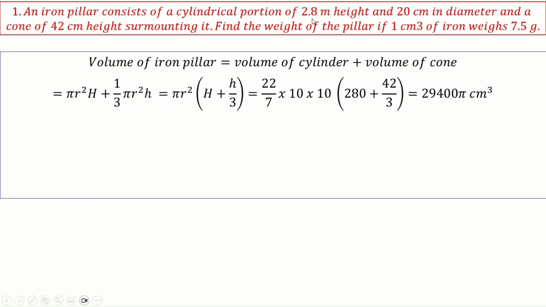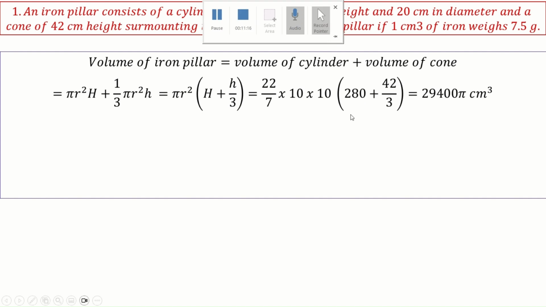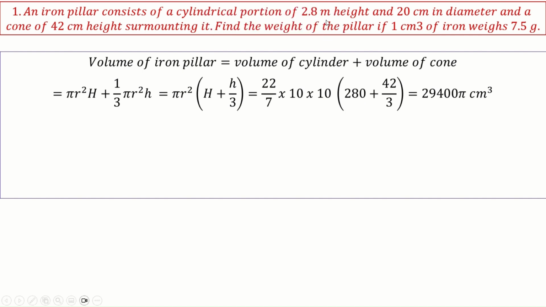So 2.8 meters is nothing but 280 centimeters. I just converted everything into centimeters. I told you before, in mensuration one of the main reasons where you can go wrong is units conversion. So you have to look at the units properly and convert them into a single unit. So if I calculate, this is 29,400 pi centimeter cube, the volume of the iron pillar.